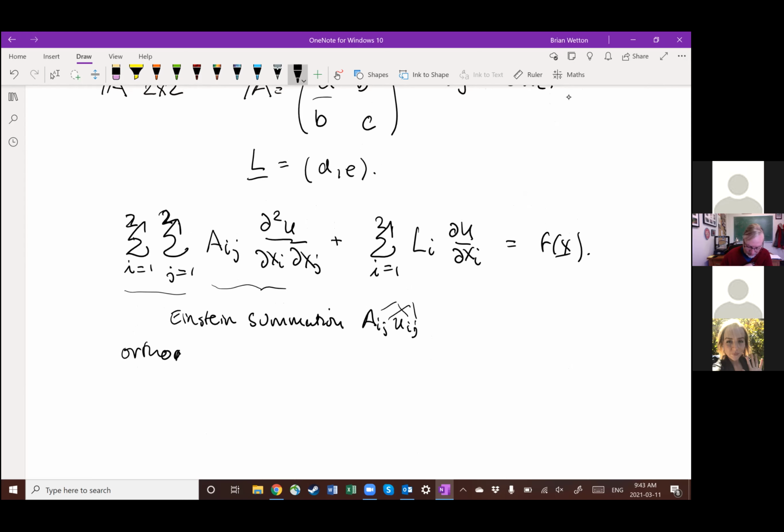orthonormal change of coordinates. Of course, the orthonormal change of coordinates we're going to go to eventually is the one where we change to the eigencoordinates. So I'm going to have coordinate x. I'm going to change to coordinate y, right?